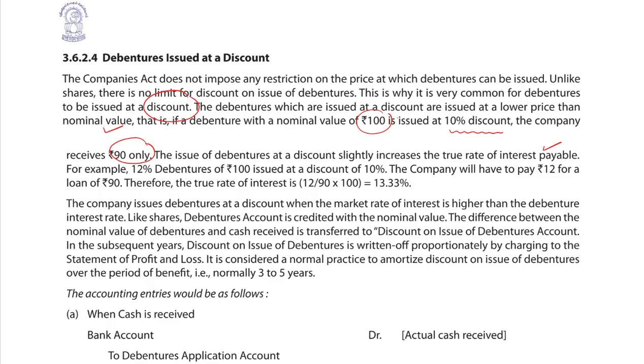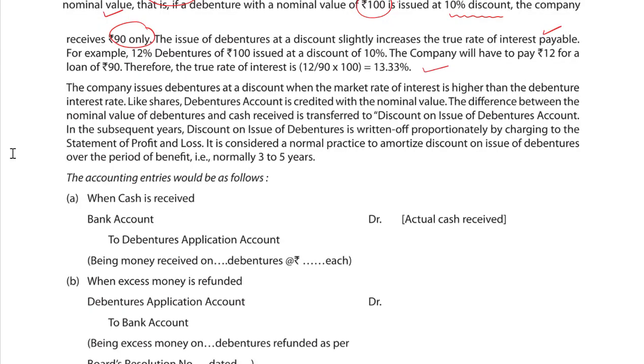Therefore, the true rate of interest is not 12%, it is 12 divided by 90 multiplied by 100, which is 13.33%. The company issues debenture at a discount when the market rate of interest is higher than the debenture interest rate.